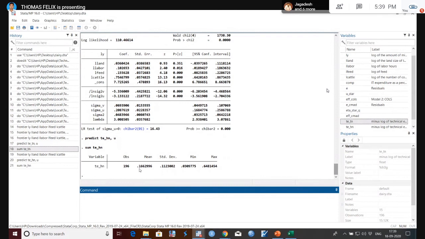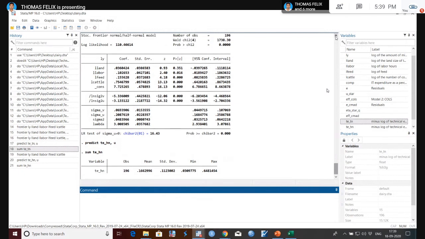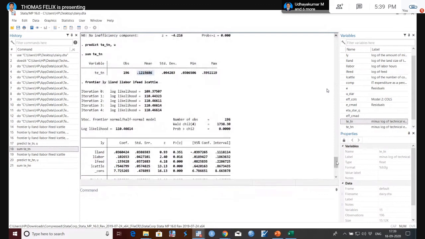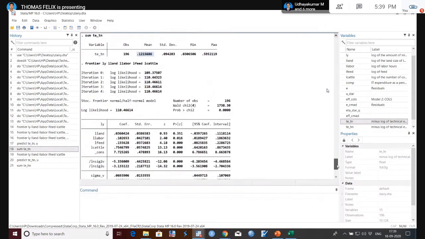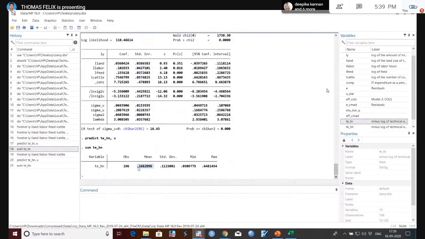Based on the half normal distribution, we get the inefficiency measures. Inefficiency measure means how inefficient the farmers are in milk production. In the earlier case, the mean inefficiency value was 12%. But using the half normal distribution, it has an inefficiency value of 16%. It means that 16% of the farmers are inefficient in milk production.